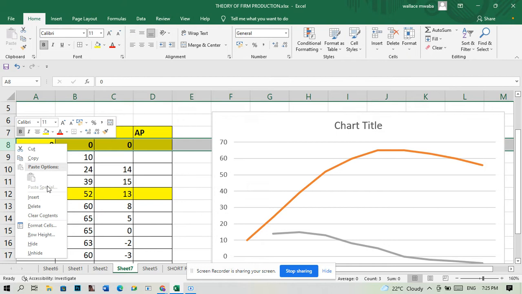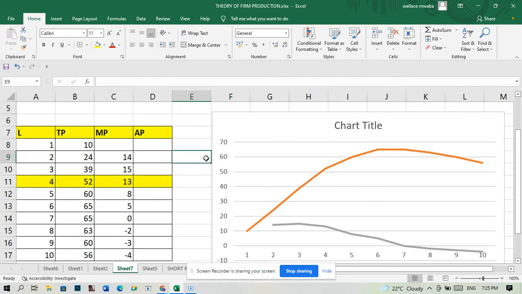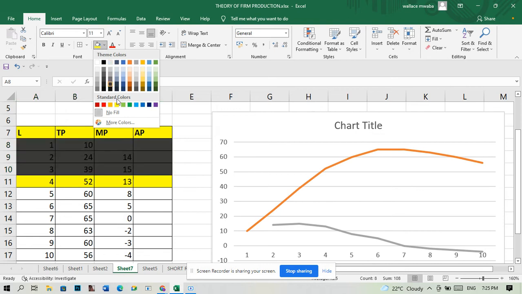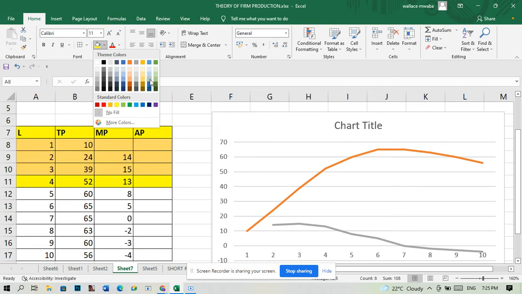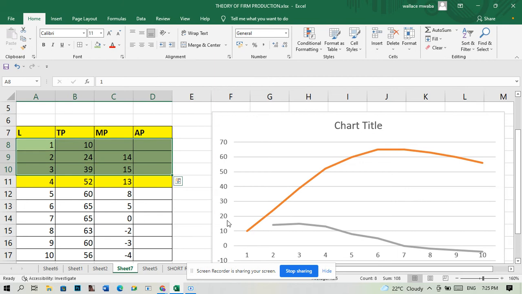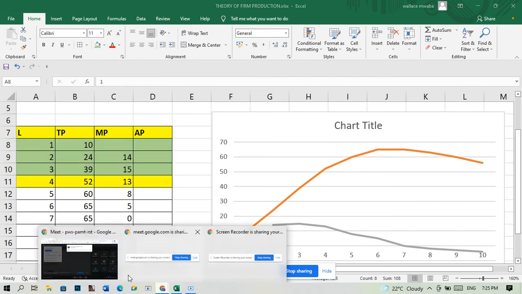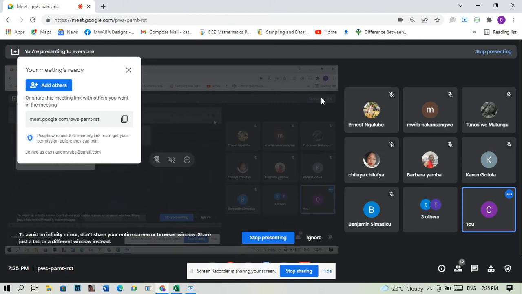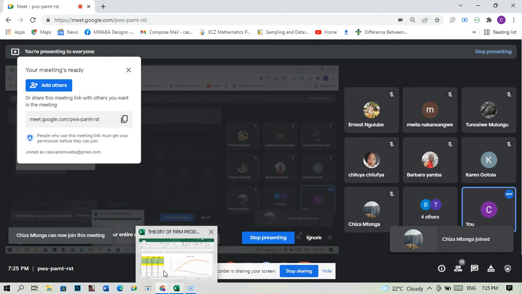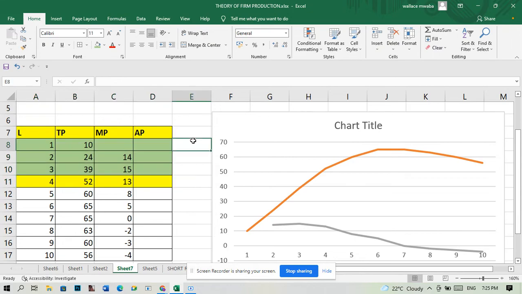So now we're going to discuss the relationship between marginal product and total product, which is that as marginal product increases, total product increases at an increasing rate. So this section of our graph is what we're going to call increasing returns. This is the stage of increasing returns.